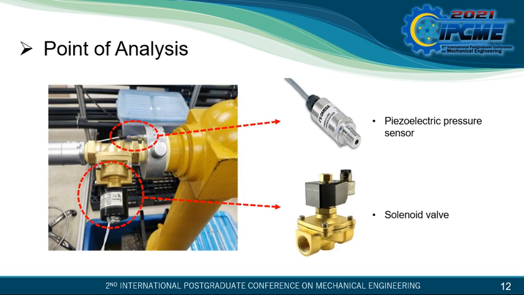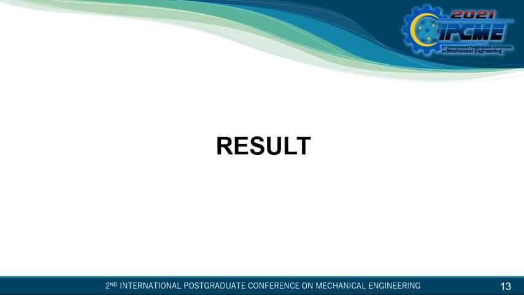This shows the detail of the fire hydrant cap as the point of analysis. The piezoelectric pressure sensor and solenoid valve are attached to the fabricated fire hydrant cap. The solenoid valve will create a water hammer and the transient signal will pass through the pipeline. The sensor will capture the signal that contains all information along the pipeline.